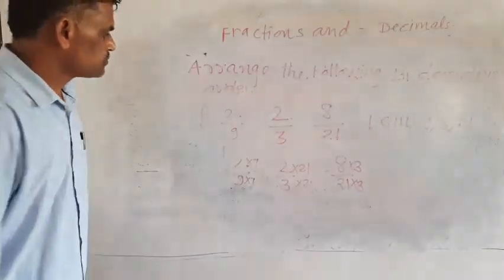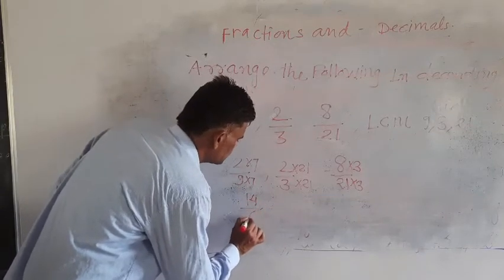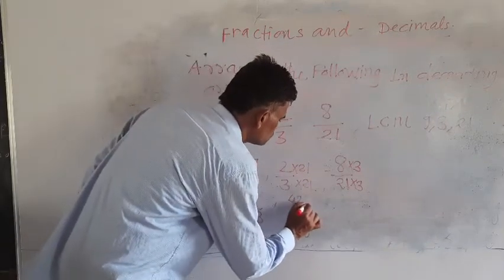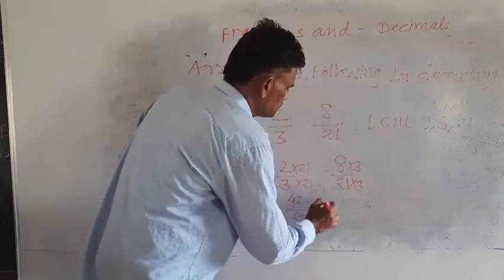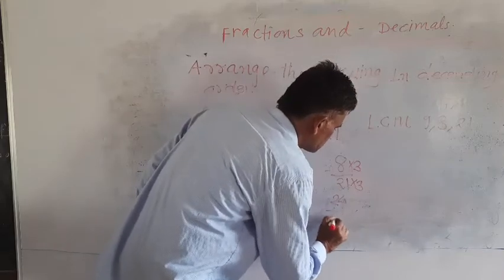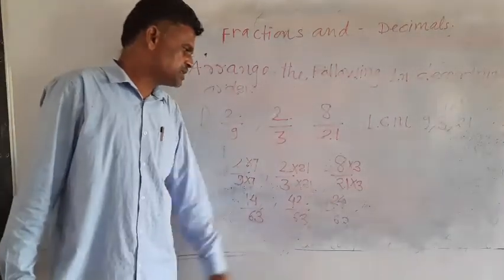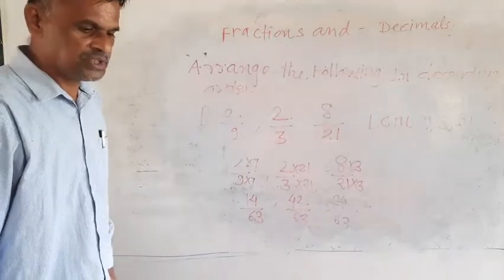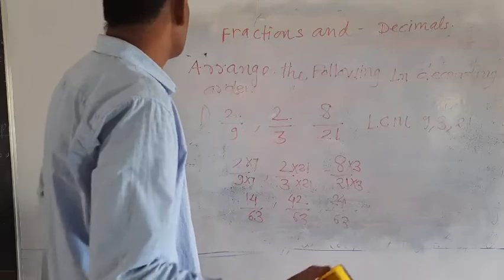Now you see, we get here 14 by 63, 42 by 63 and 24 by 63. Now this denominator is equal, so on the basis of the numerator we can easily find out the descending order.